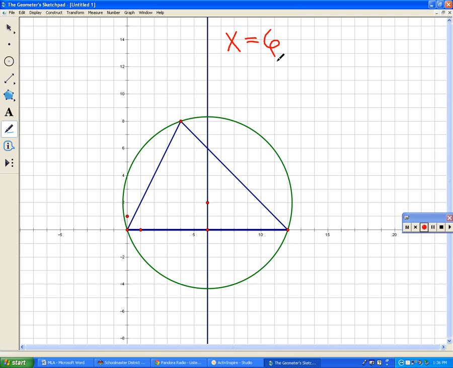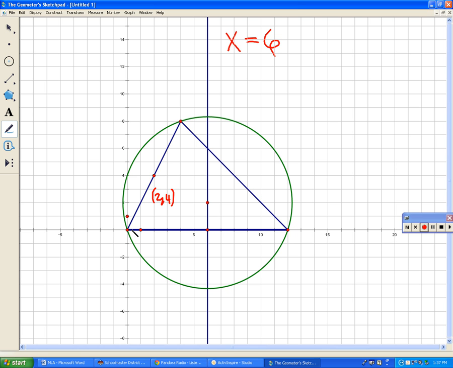Does that make sense? Okay, now we need to find the equation for one of the other perpendicular bisectors to see where they cross. We decided to take this one right here because the origin makes it a little bit easier. The first thing we did is recognize the midpoint is right there at (2, 4). So that gave us a point on the line. Then the other thing we need for the equation of the line is the slope.